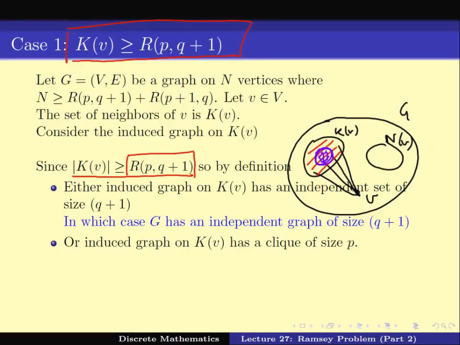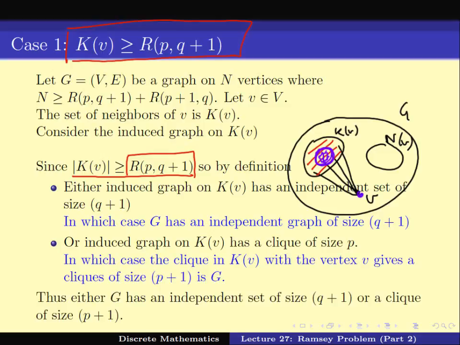Now if this is a size p set, consider this set and this vertex v. Then this blue set plus this vertex v gives a set of size p plus 1, and it is a clique, because first of all any two vertices in this clique have an edge, and since all the vertices are a subset of KV, which are neighbors of v, between v and any other vertex there is an edge.